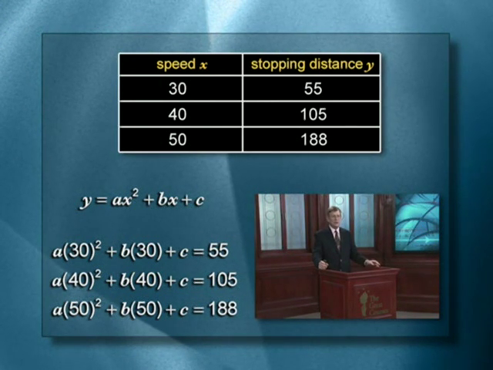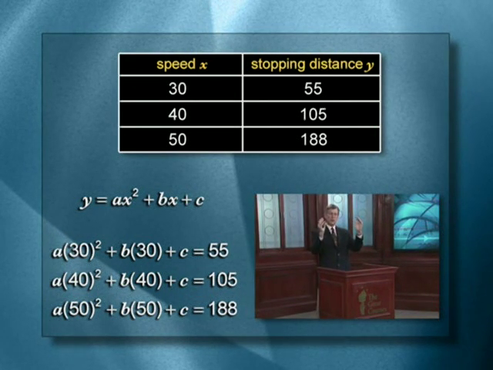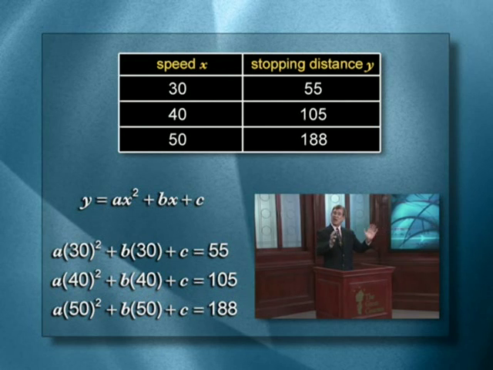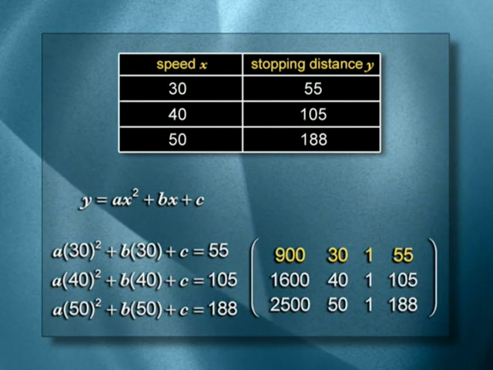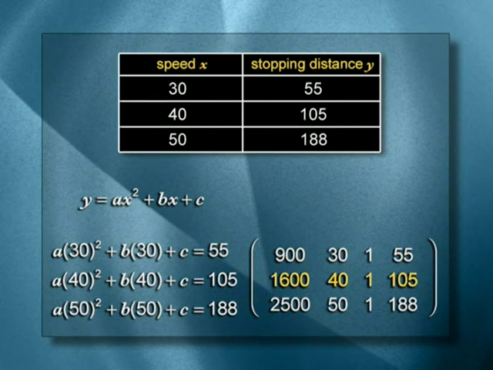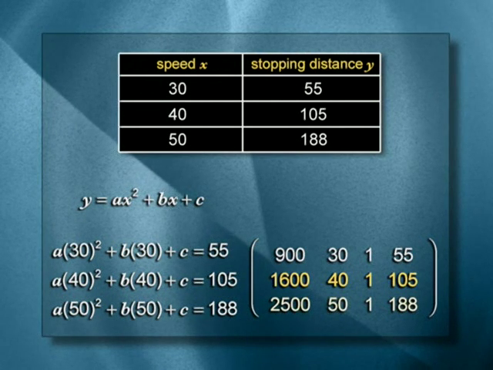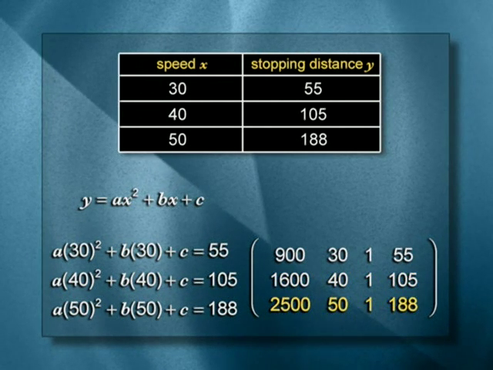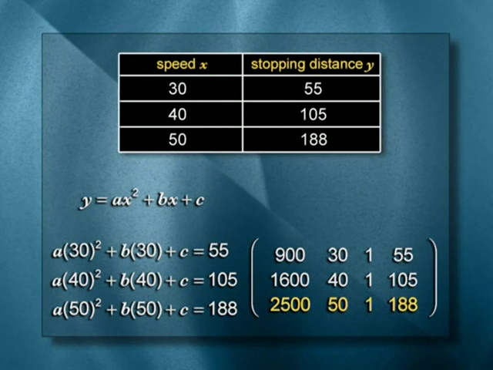We've been here before. The equations are not quite as pleasant to work with. There's big numbers here. Let's put them in matrix notation, and I'll put the coefficient matrix and the right-hand side together. The first row is 900, 30, 1, 55. Then it's 1600, 40, 1, and 105. And the third row is 2,500, 50, 1, and 188.